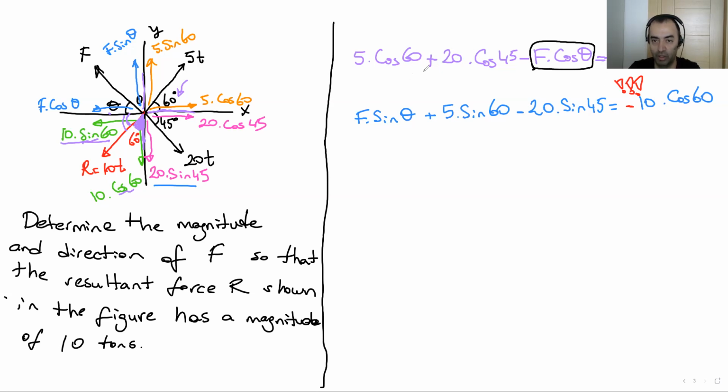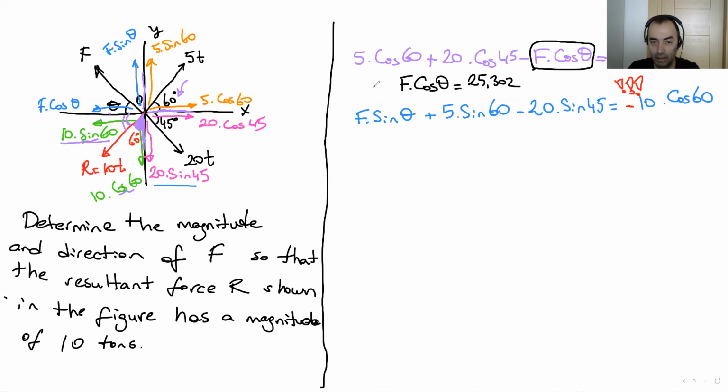If we solve this equation, what are we going to get? We are going to get this, cosine theta equals, let me check the result. Please do all these calculations by yourself using your calculators, these cosines, sines, everything. Okay, this is F cosine theta.